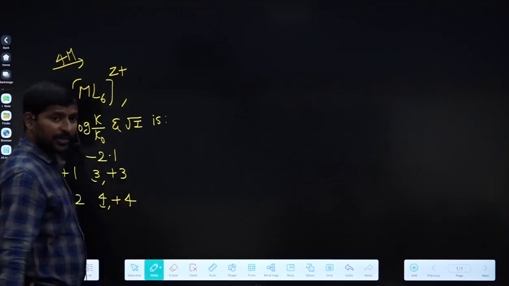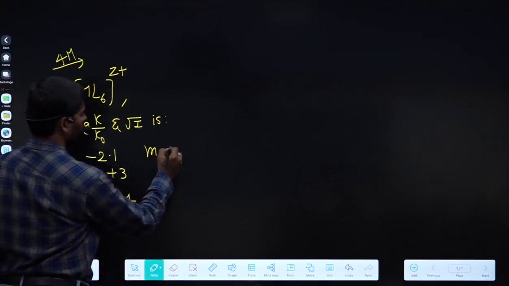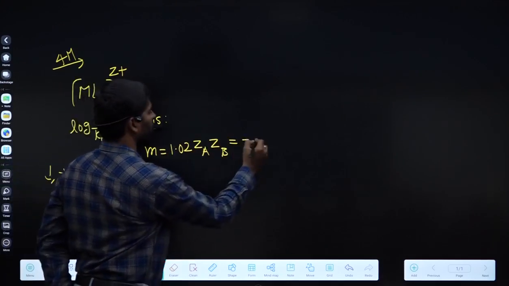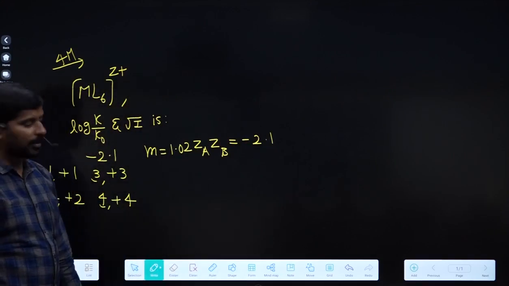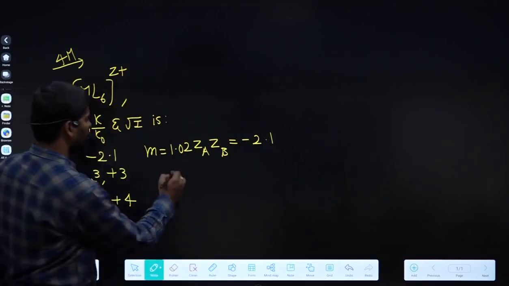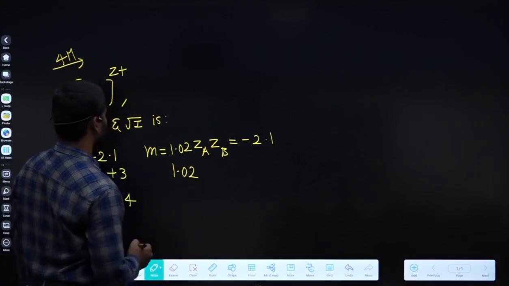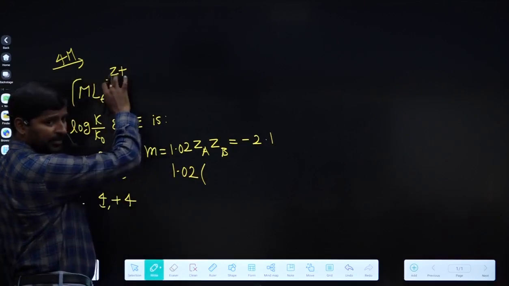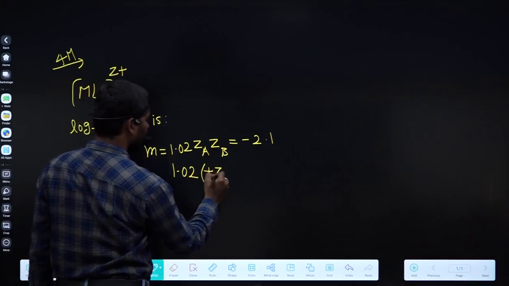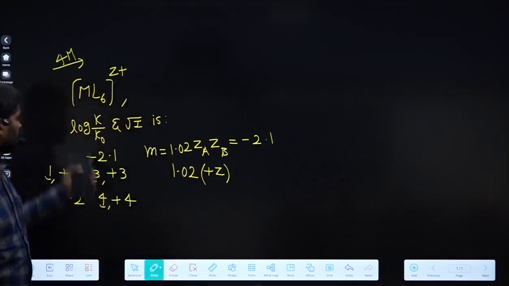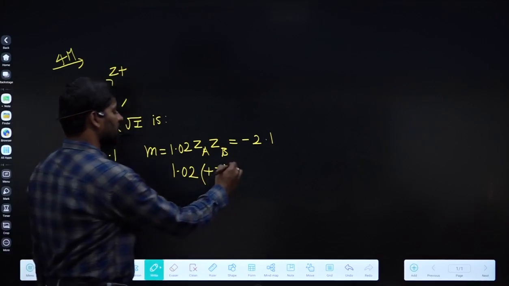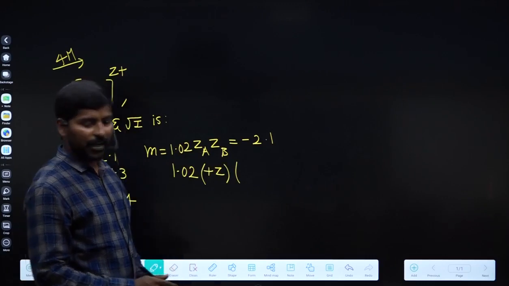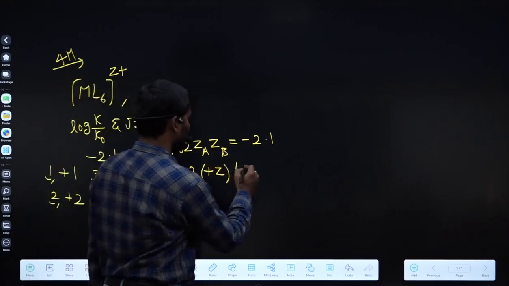Log K by K naught versus root I. What is the slope? We have 1.02 ZA ZB, and its value is given as minus 2.1. So 1.02 times Z, the charge on the complex, which we want to calculate, times the charge on B. Base hydrolysis is given, base means OH minus, so the charge is minus 1.